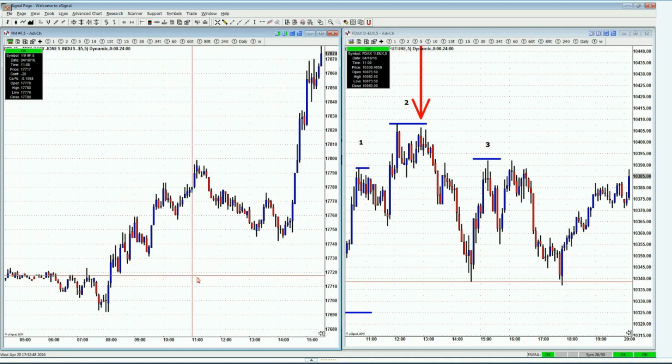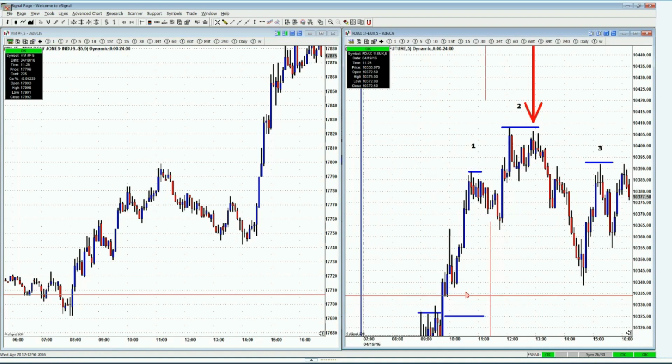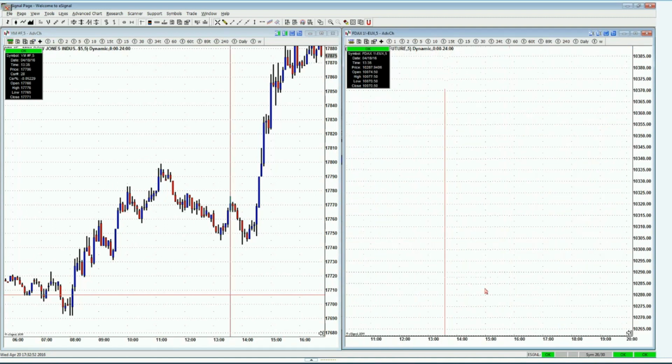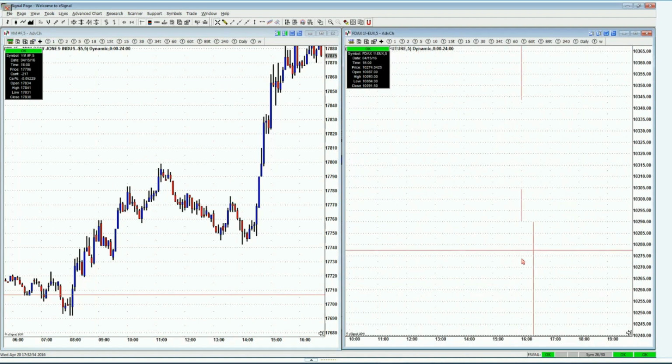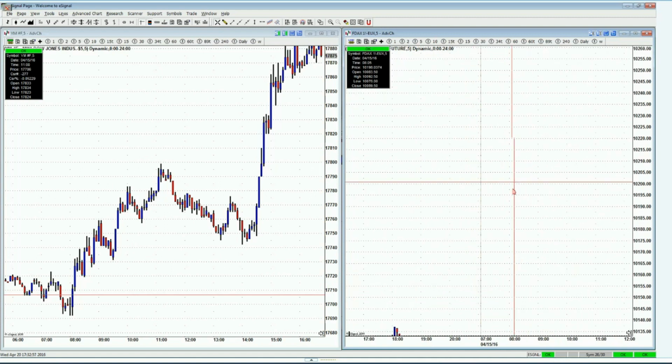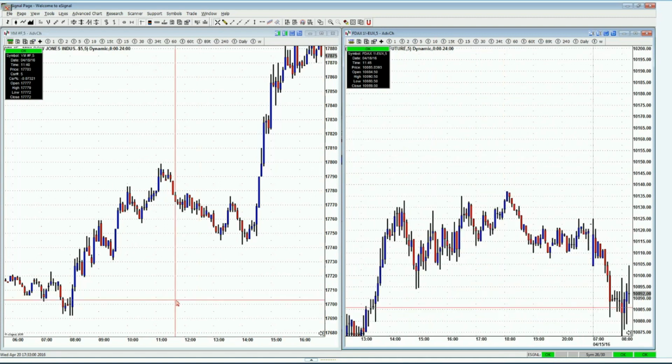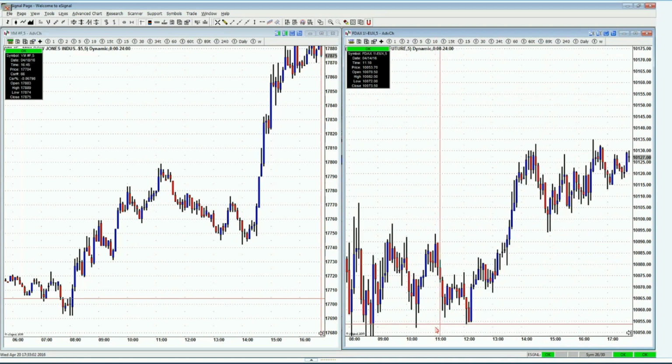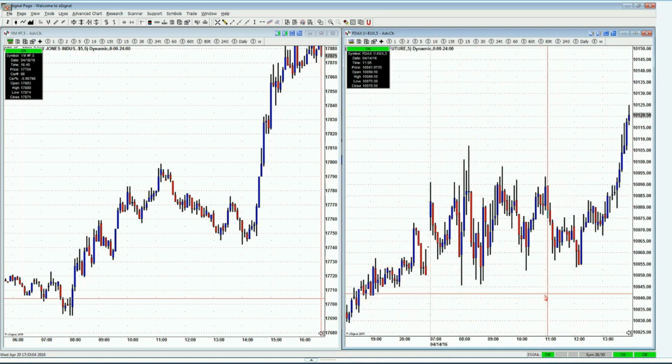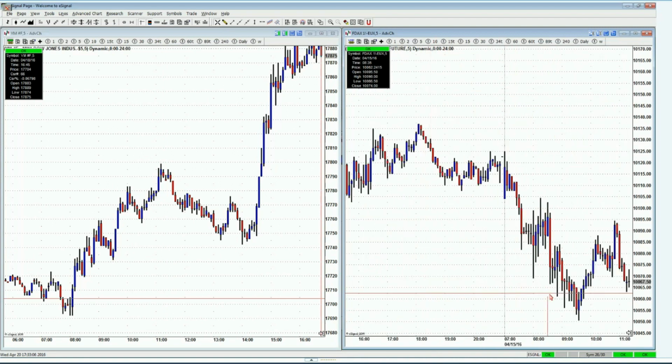One perspective of this technique, if we look at the previous day, is that when the market is very strongly trending, and that's exactly what we've seen in both the DAX and the Dow, I think I scrolled too far.